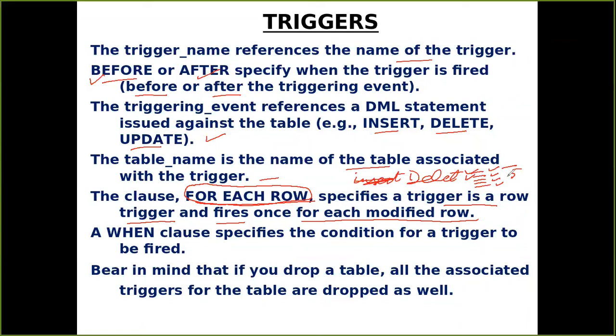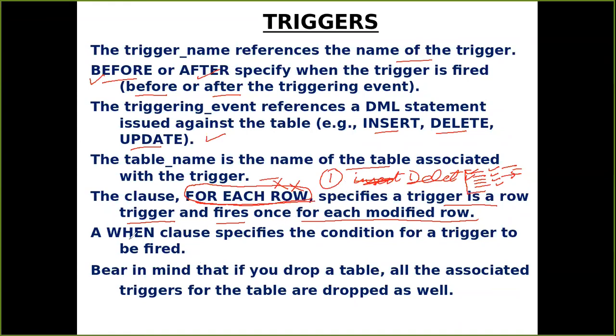When the second row is deleted, my trigger is executed again. If it is not specified, then the trigger will be executed only one time when all this deletion occurs. Whether you delete 5 rows or 10 rows, your trigger program will execute only one time when for each row is not specified. If it is specified, then for each affected row, the trigger will execute.